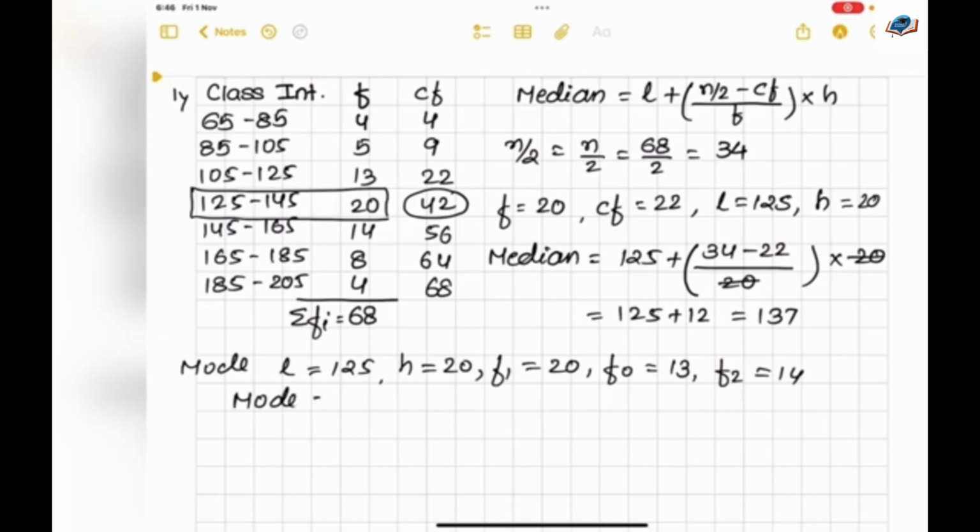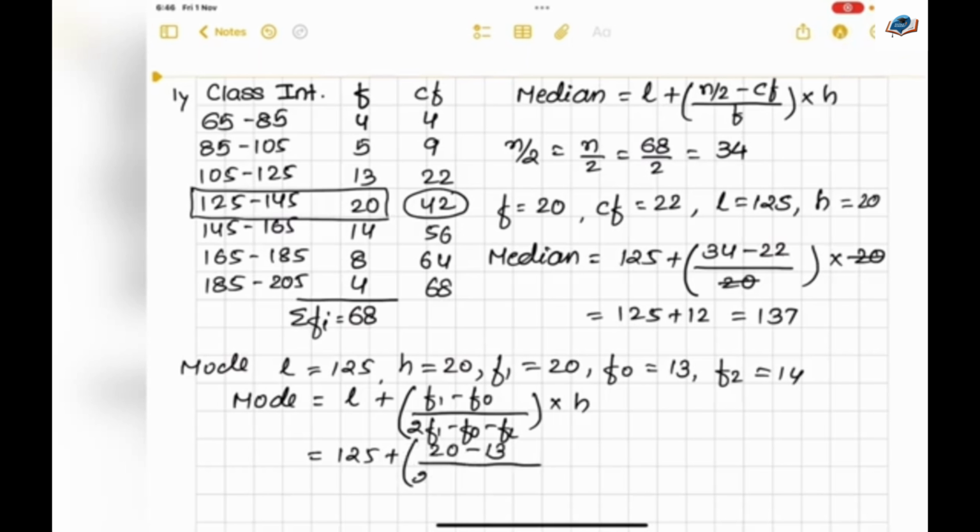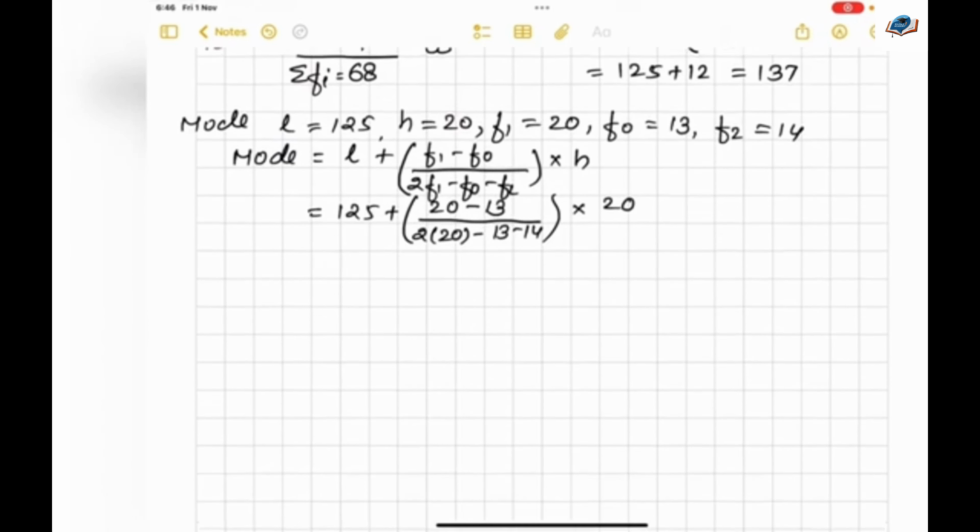So mode equal to L plus (F1 minus F0) upon (2 F1 minus F0 minus F2) into H. So that will be 125 plus (20 minus 13) upon (2 into 20 minus 13 minus 14) into 20.